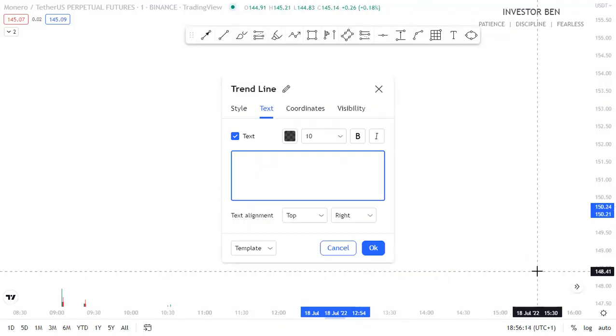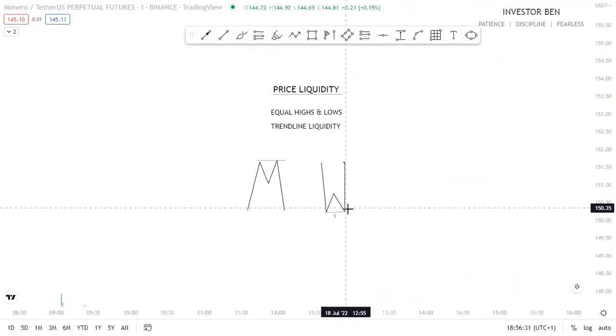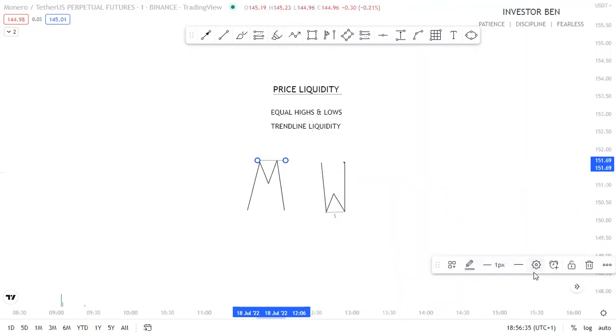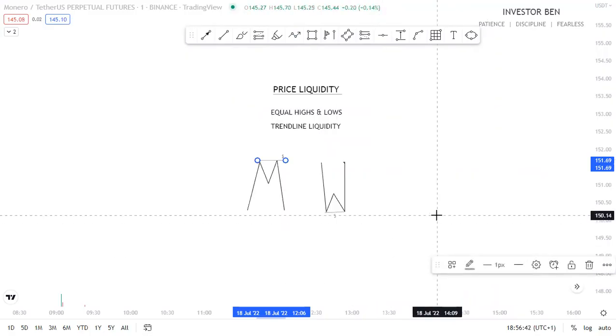You see liquidity where stop loss orders are, where buy and sell stops are. That is where you see liquidity present in the market. Liquidity is present here and at this point also. The dollar sign is what we use to represent liquidity.